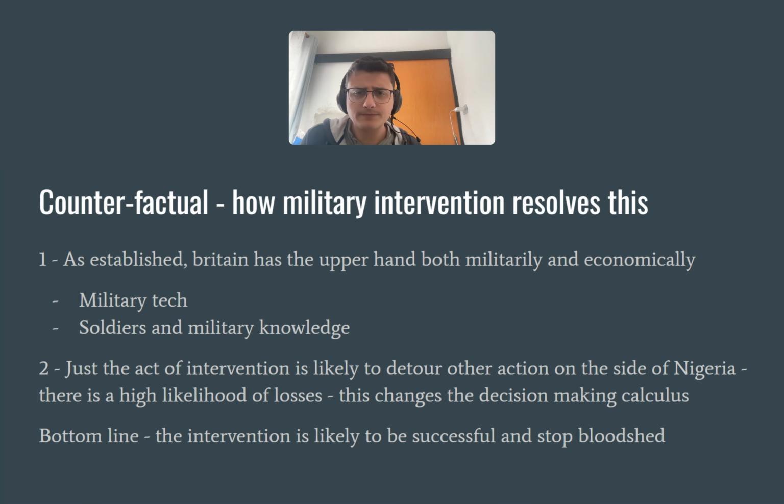This means you are seeing very big losses, both militarily, i.e. your soldiers and military hardware are starting to be destroyed, meaning that your security and your fragile position post-independence is likely to be harmed. But also, secondly, simply the cost that you're paying. These are people that died, that you later have to explain to your population why they died, why you are fighting this war, and so on.